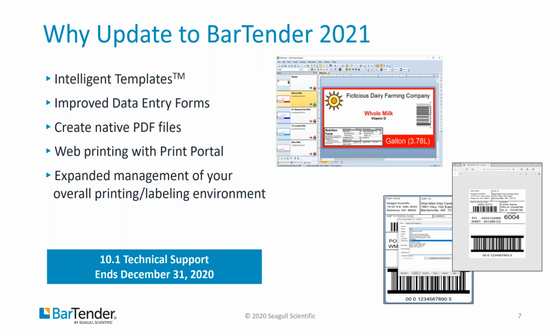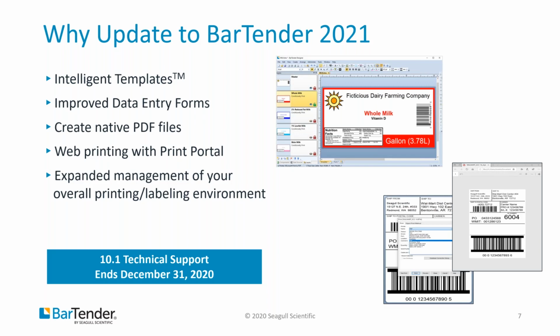The second reason for updating is the fact that BarTender 2021 provides a whole bunch of new capabilities in several areas, including intelligent templates, which allow you to produce a wide variety of flexible label and document designs without having to create and maintain hundreds of separate documents. It allows you to more easily print multiple records within a single label or document by using a table object sourced from a database.